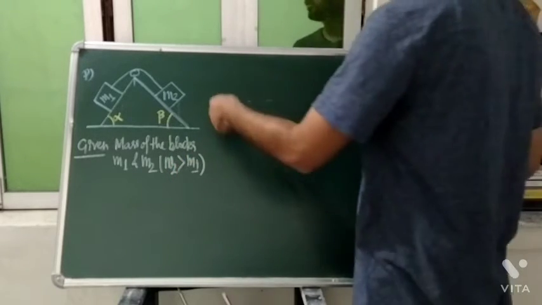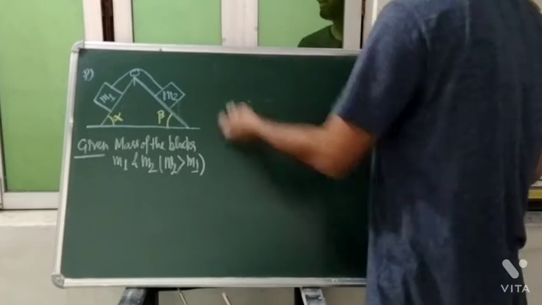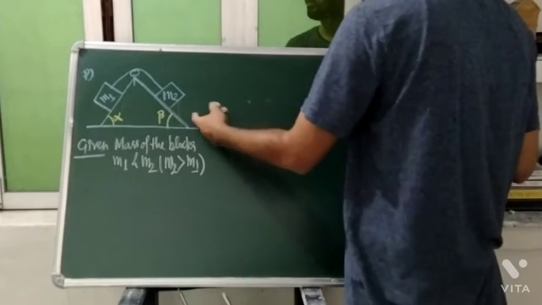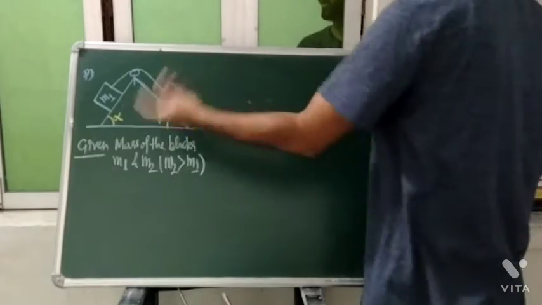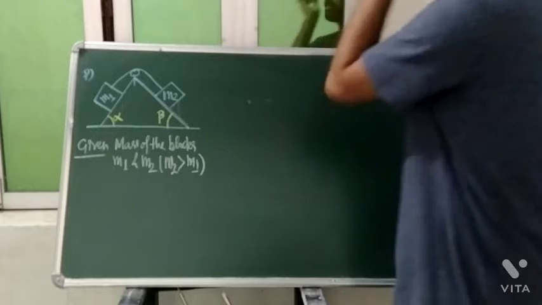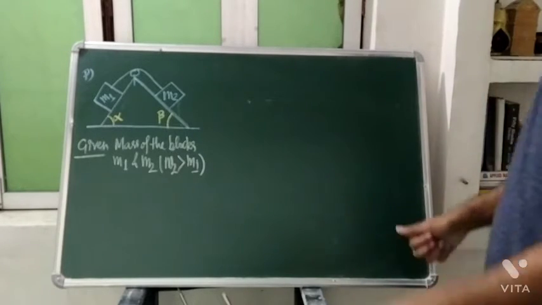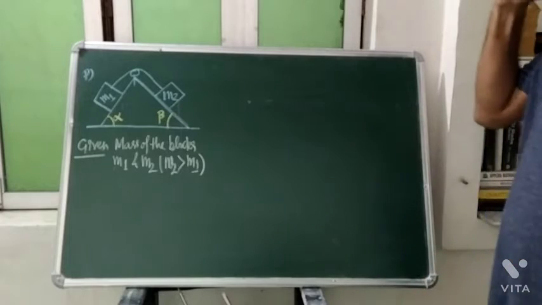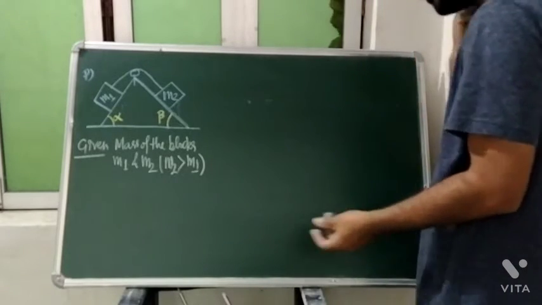They can say to you m1 is more than m2 or m2 more than m1. If m2 is more than m1, it will move in the downward direction. If m1 is more, m1 will move in the downward direction. So things will come like that. For the time being we are saying that our m2 is more than m1.